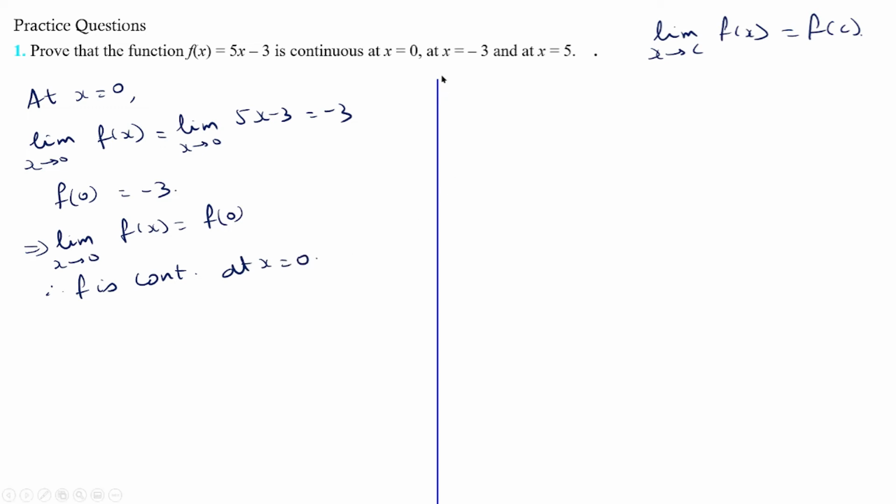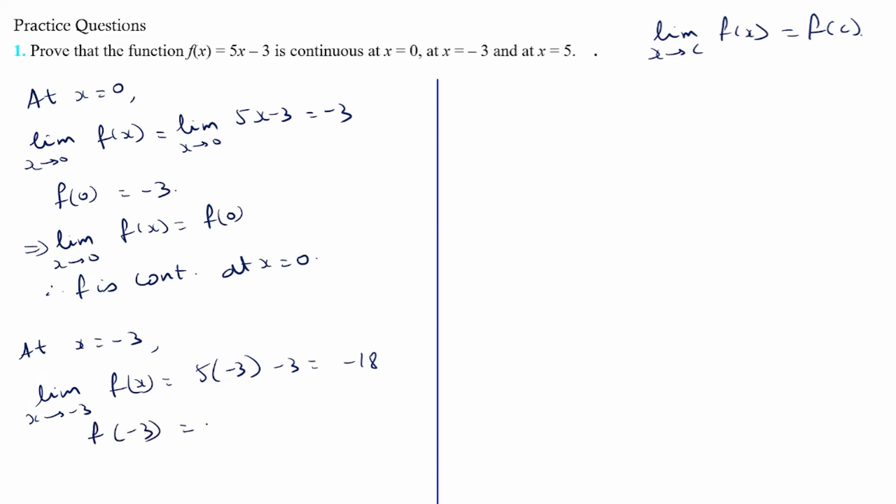Now let us take the next one, at x equal to minus 3. At x equal to minus 3, limit x tends to minus 3 of f of x is equal to 5 into minus 3 minus 3, so it is equal to minus 18, and f of minus 3 is also equal to minus 18.